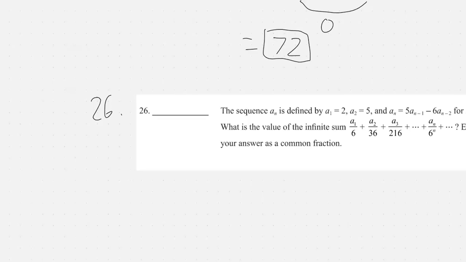Okay, I'll make this quick. People might not know this, but there's a solution with the characteristic equation. Basically the characteristic equation for this is x squared equals 5x minus 6. What this does is it finds the fixed points, and from there you can prove it.